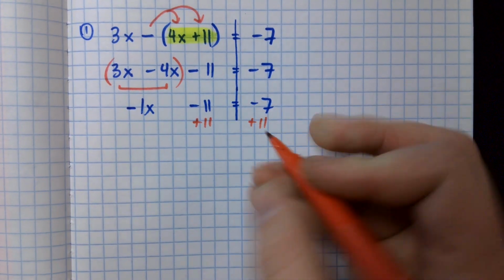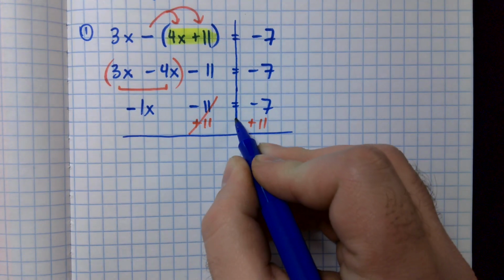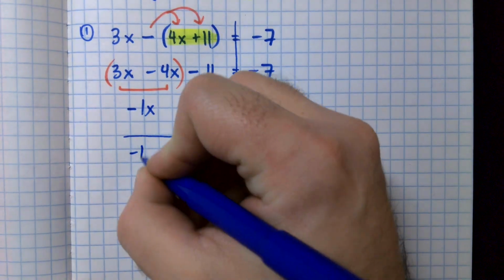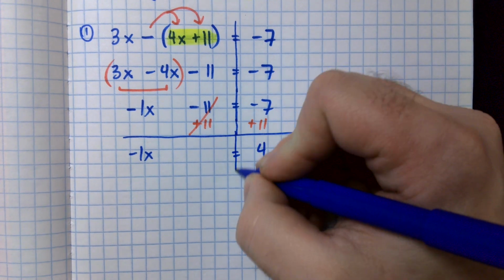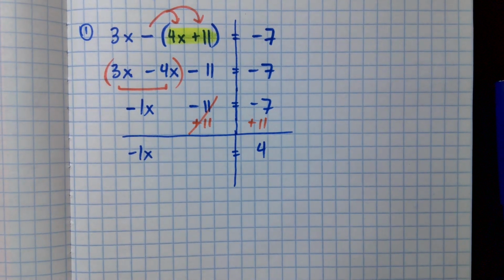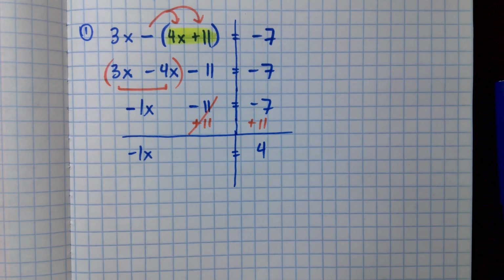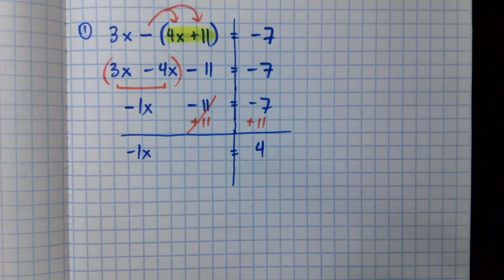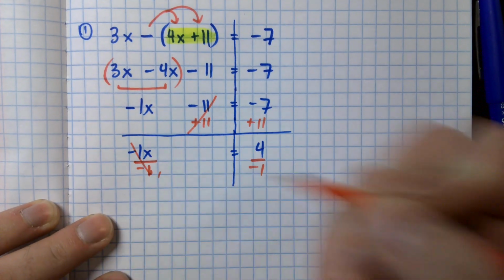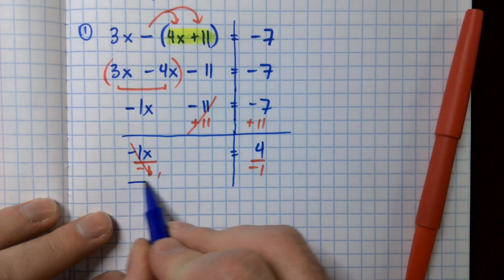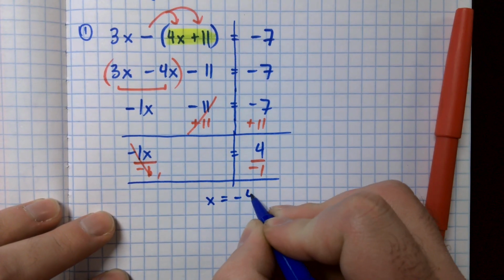Add 11 to both sides. These 11s go away. What's -7 plus 11? 4. Okay? What's the last thing I want to do? Divide by negative 1. Those cancel out to 1, and I'm left with x equals negative 4.